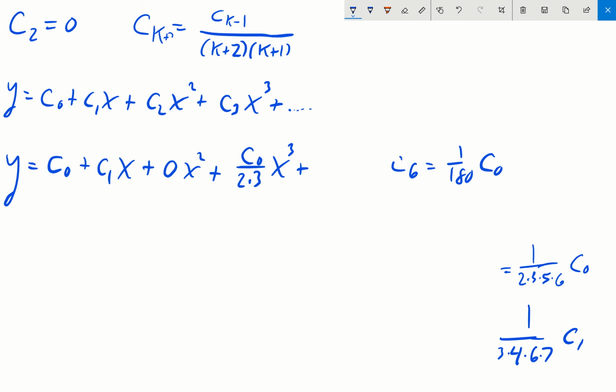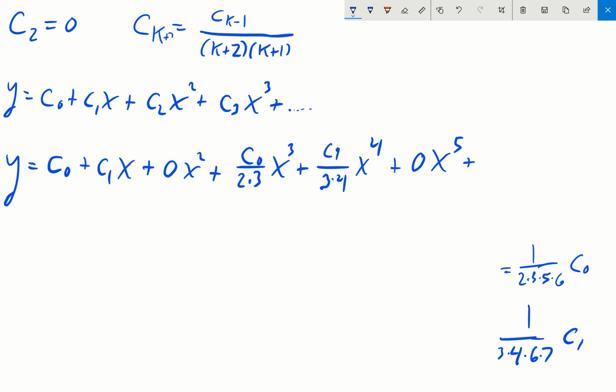So it's going to be plus, where was it? Sorry. C4, where am I? You can write this as, actually we'll call it C1 over 3 times 4 x to the 4th, plus our next one was C5, but C5 was 0, so we get a 0 x to the 5th.